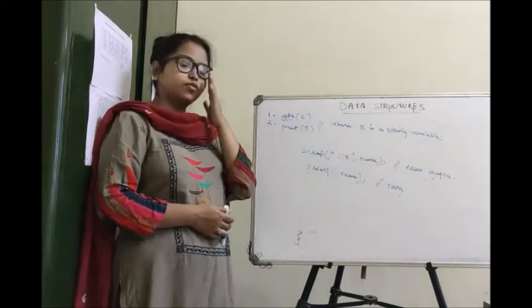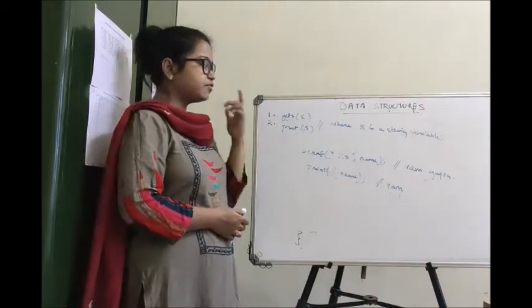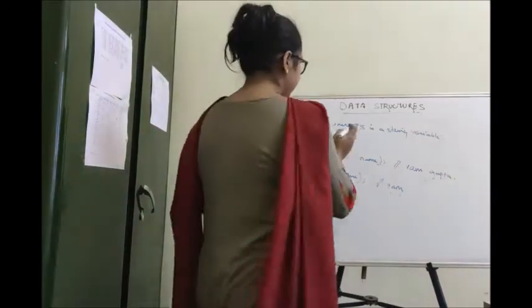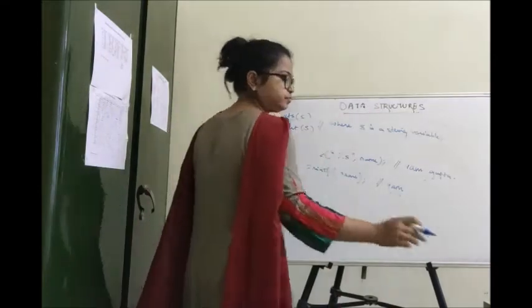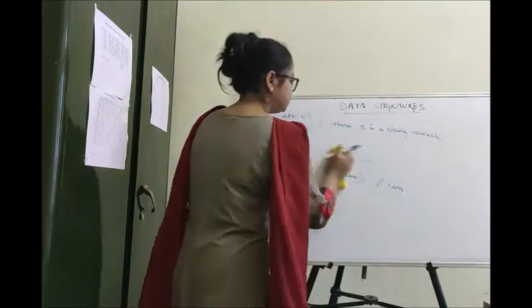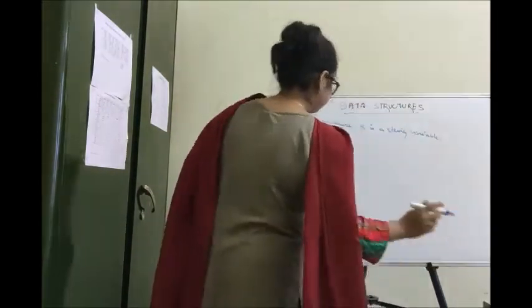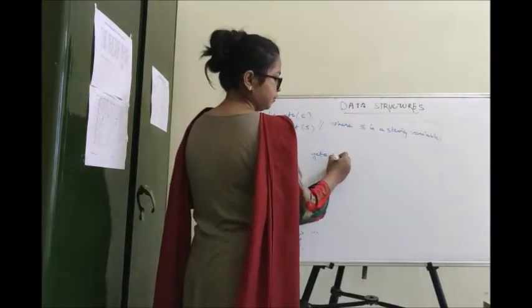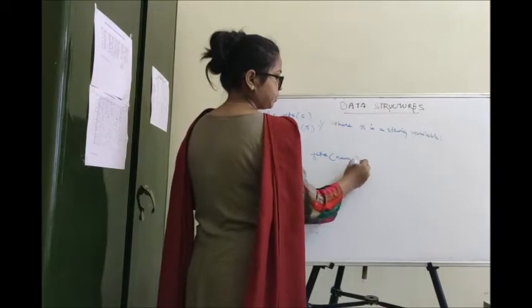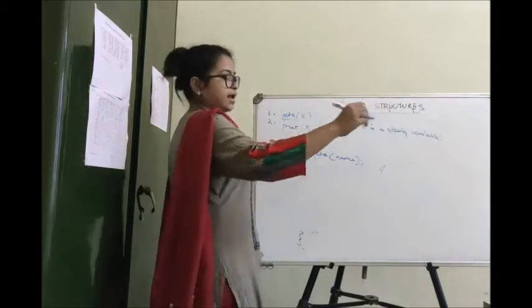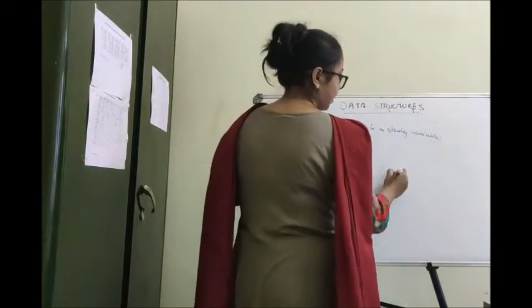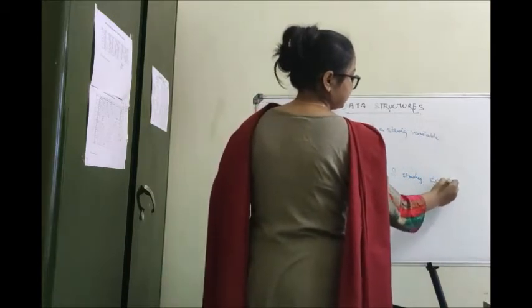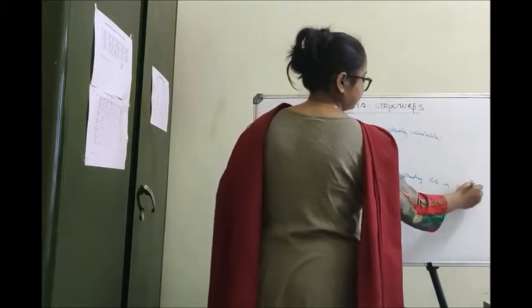But this is not what we want, right? This is of very limited usage. But with gets, if we replace this with gets name, then you can simply write an entire statement like I study CS in SKDAV.